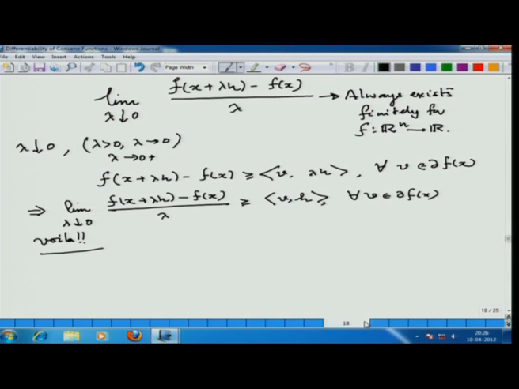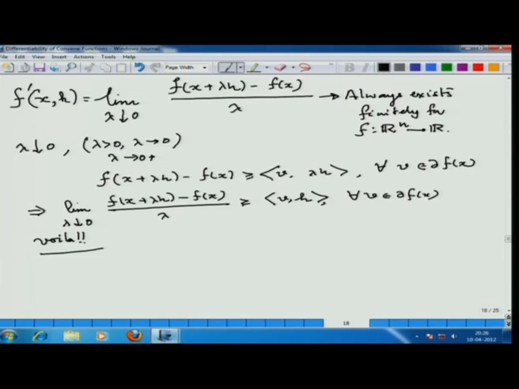So, for a convex function, let us give it a particular symbol. We will call it f dash of x in the direction h. For a convex function, give me a point and give me any direction h, whatever point you take, this limit would always exist. So, the directional derivative always exists.